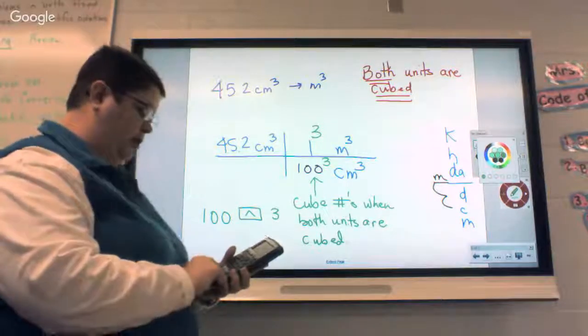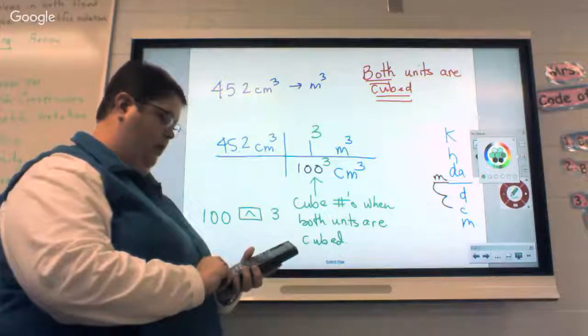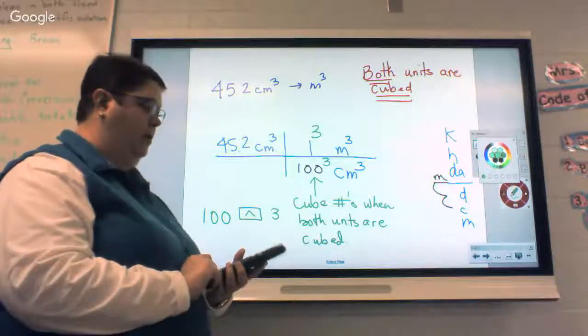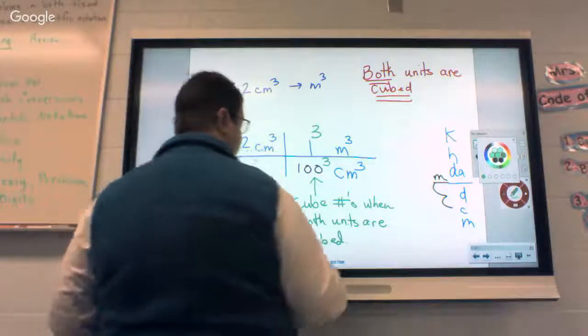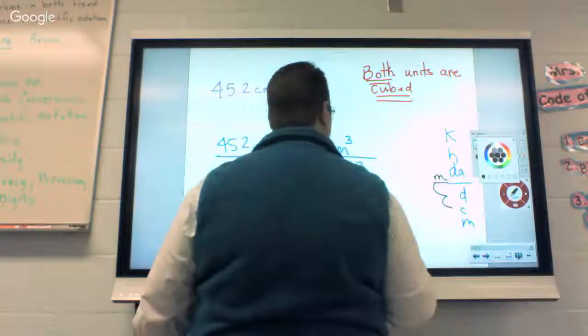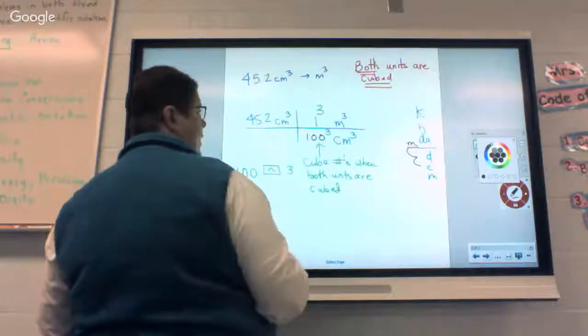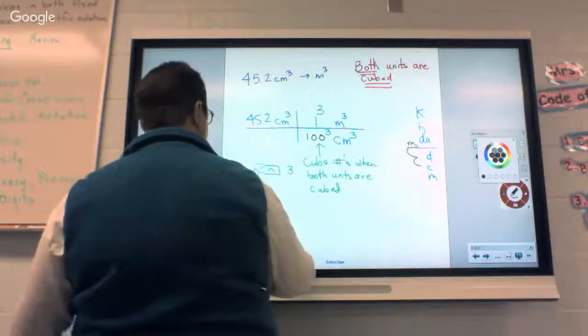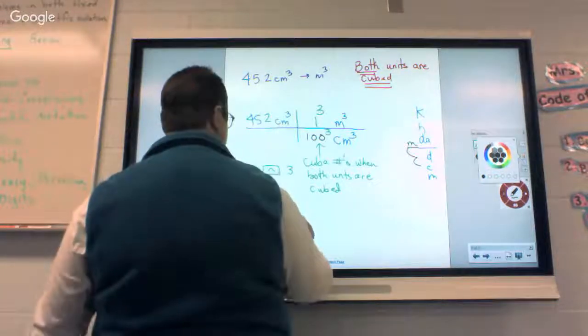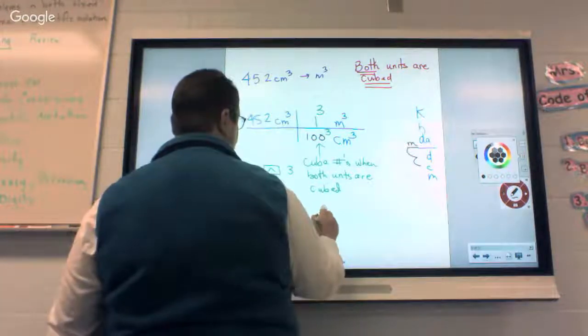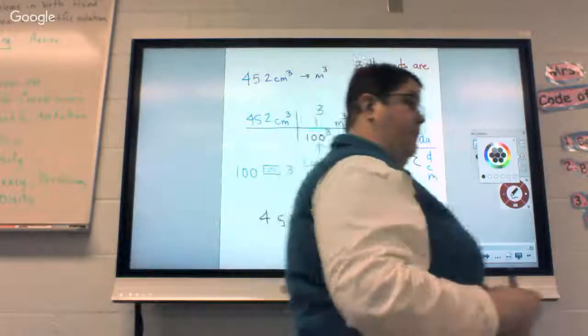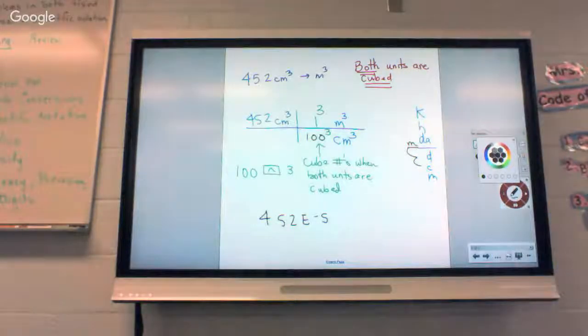So, 45.2 divided by 100 raised to the third. We're going to get an exponent. So, when we write this down, on the calculator, it says 4.52e negative 5. Now, we have to translate that answer into scientific notation.